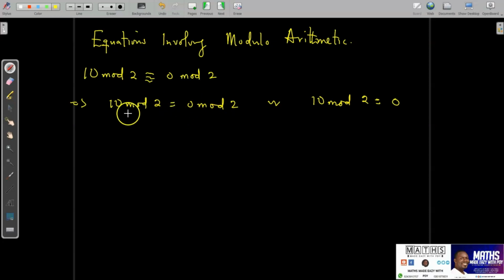So automatically we have an equation here. But when we talk about equations involving modular arithmetic, this refers to solving for missing information in a given equation. So for instance, as we have 10 mod 2 equal to 0 mod 2, or 10 mod 2 equal to 0, the question might be 10 mod 2 is equal to x. So you are looking for x. And therefore, what position does x assume in modular arithmetic?